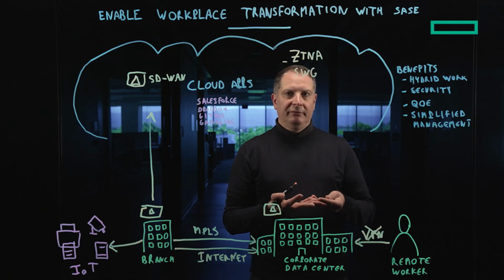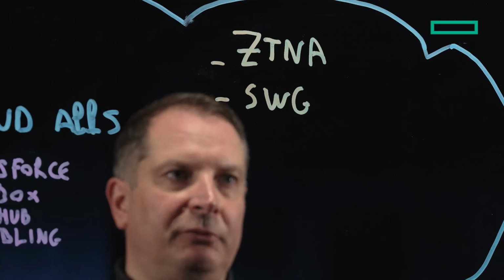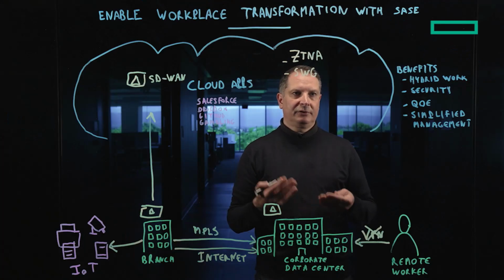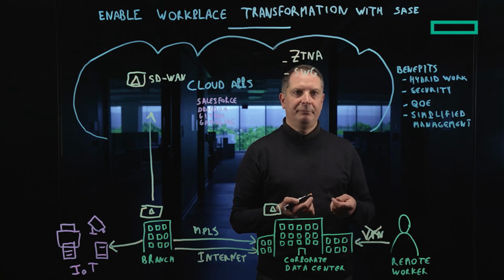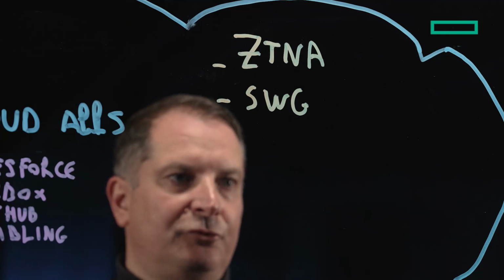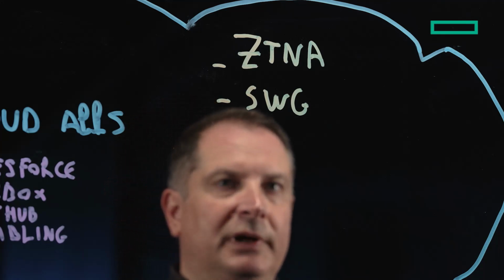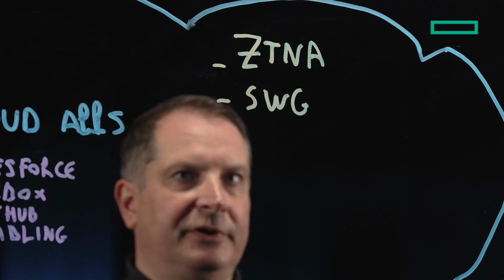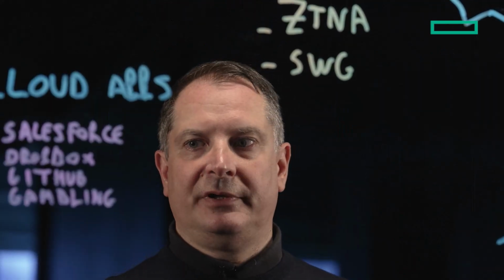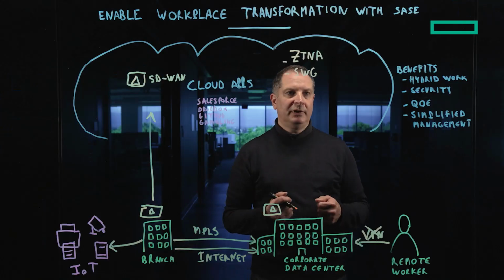With SWG, you perform security inspection such as URL filtering, content filtering, and web-based access control. This is done in real time so that the organization can quickly respond to any security incident. SWG also blocks websites such as gambling websites or adult websites.